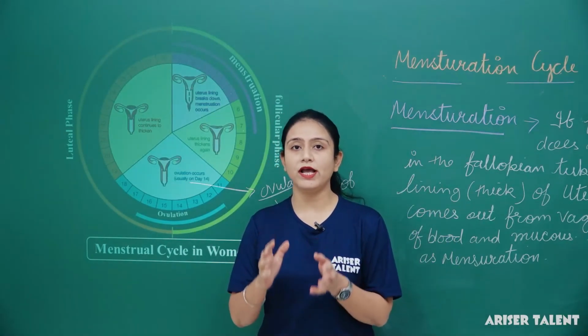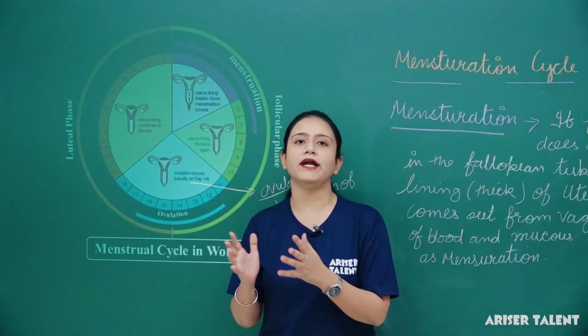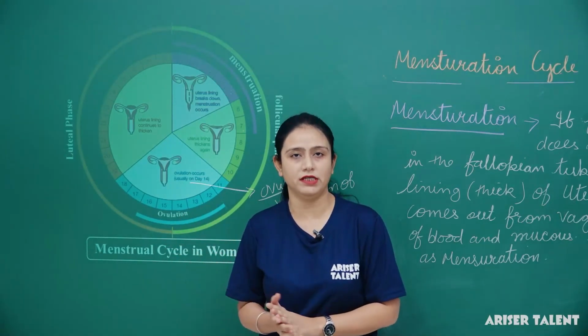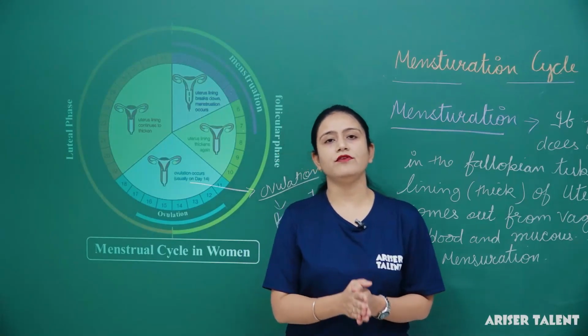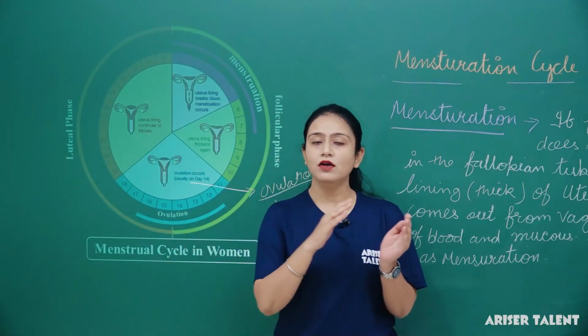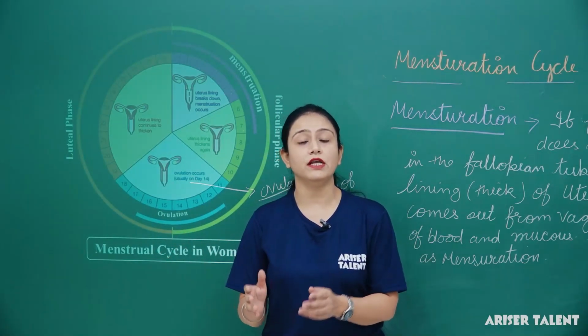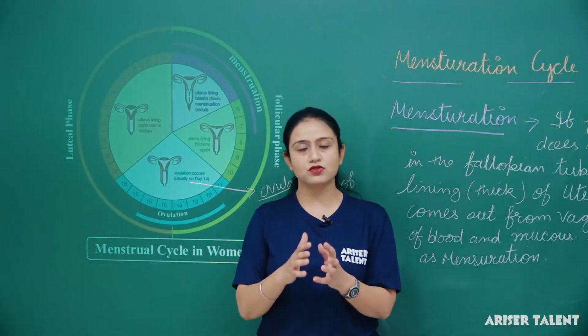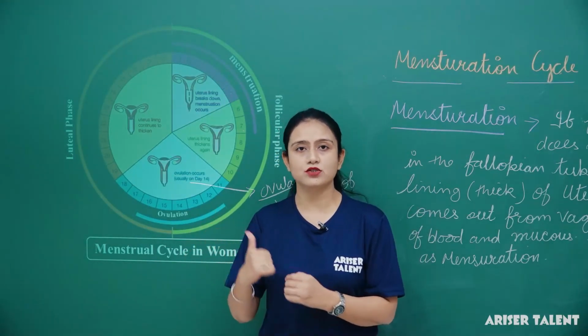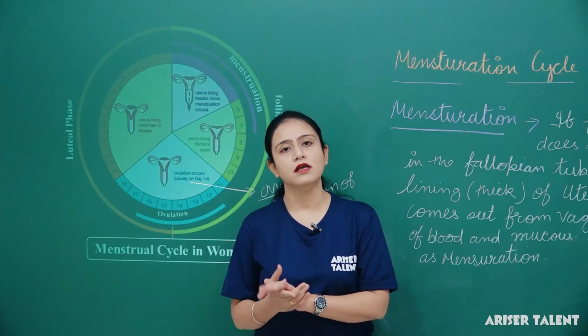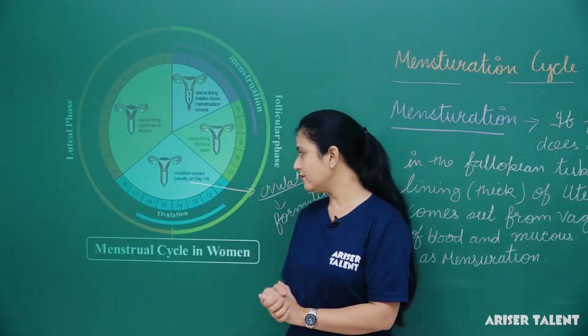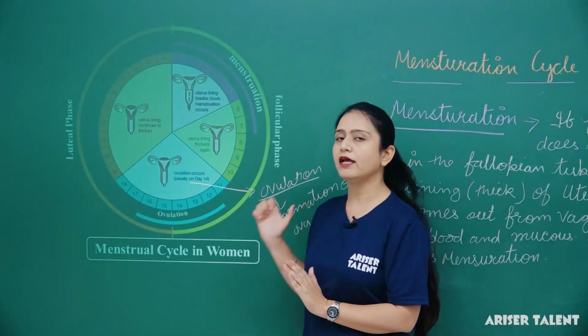When the menstruation cycle stops at the age of 50, generally in Indian females at 45 to 50, that phase is known as menopause. So this is the difference between menarche and menopause.